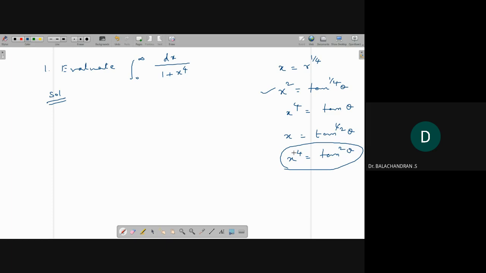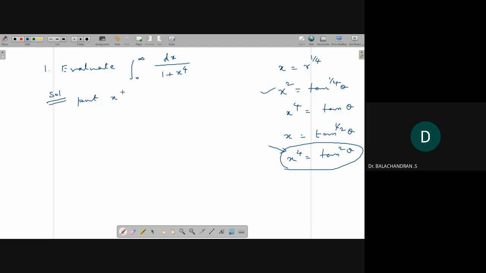If the substitution is wrong, then your final answer is also wrong. In most integration, finding the substitution is an art. You need to think a little bit, you need to think cleverly.